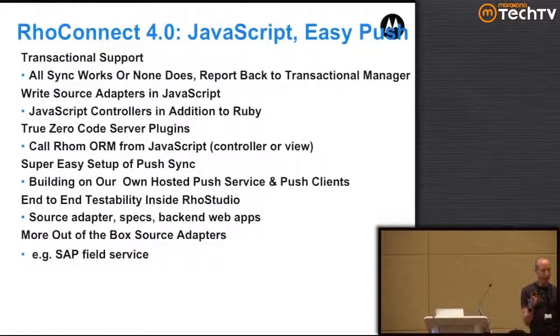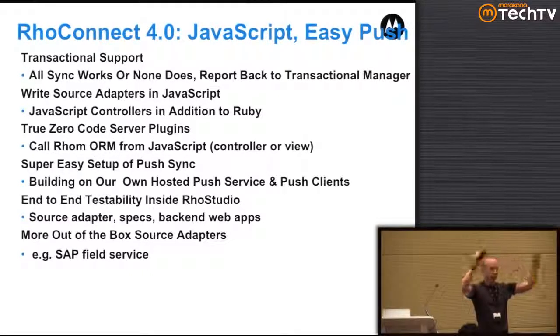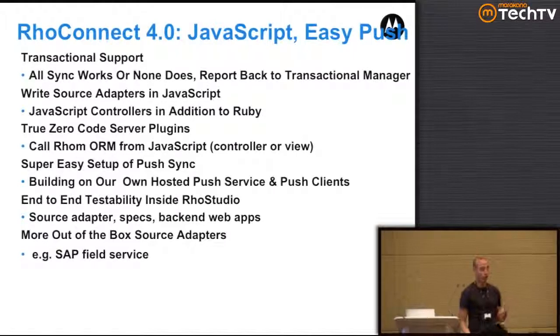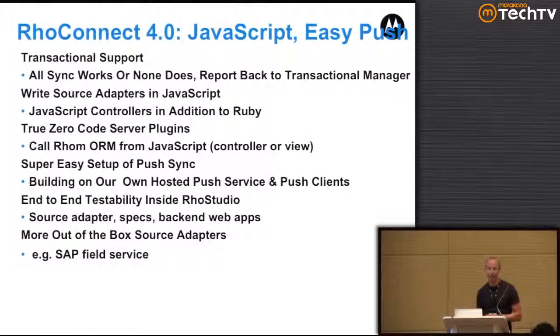If you say, I don't want to get the products and not get the incident reports, or get the incident reports and not get the products, you can say, these are all related objects and they either all sync or they don't sync. Because you don't want to be in a mode where not all the incident reports came in, so you think a product didn't have any incident reports associated with it. Or you had a bad purchase order because you don't have the line items. So it either all works or none does, and then reporting it back to transactional managers.